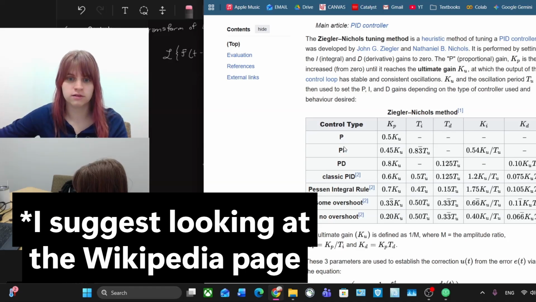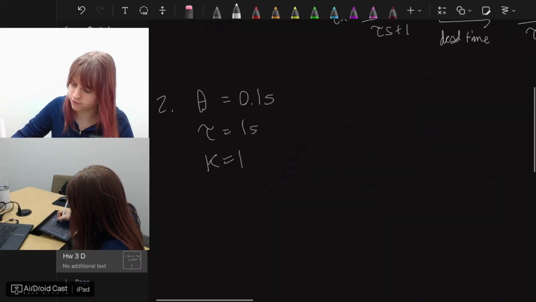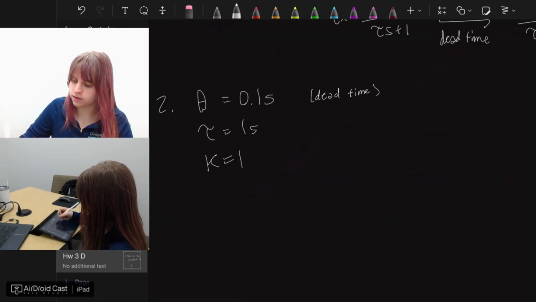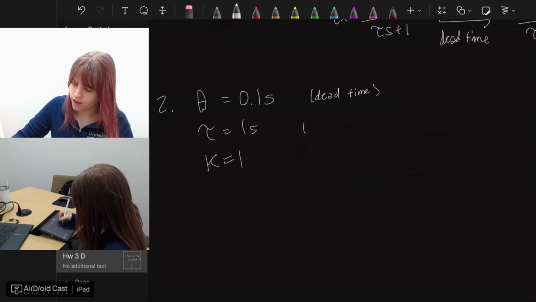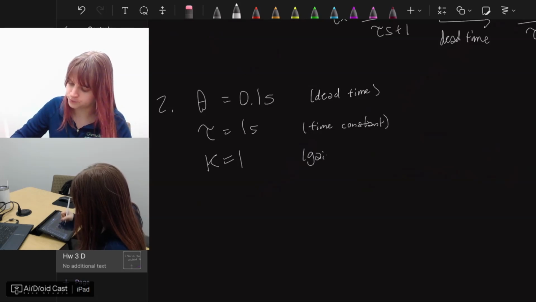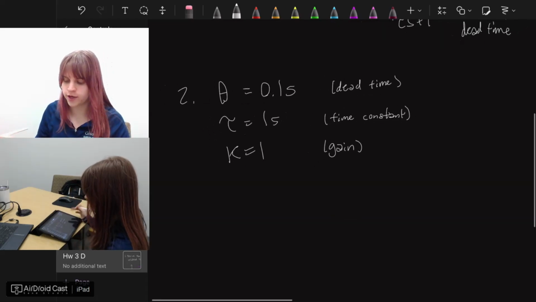So for this part we have a dead time theta equal to 0.1 seconds, a time constant tau equal to 1 second, and a gain equal to 1, and that's just our k.